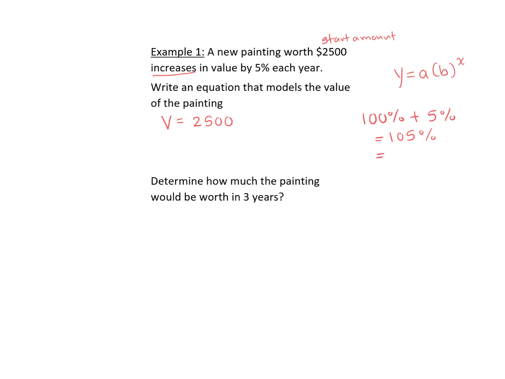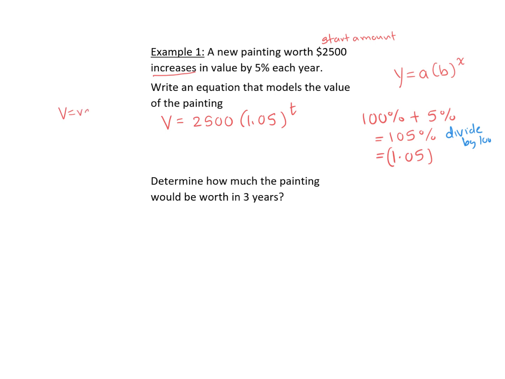So remember, if you want to change something to a decimal, you're going to divide by 100. So that would give me my common ratio of 1.05. So 100% is the original amount, plus 5% because it's increasing, which is 105%, and then as a decimal would be 1.05. And a certain number of times, I'm just going to use T for time.